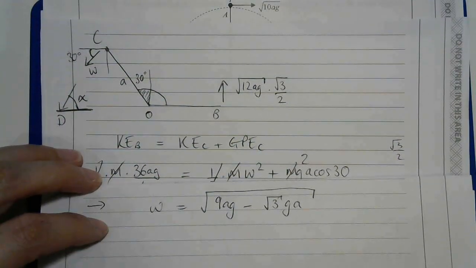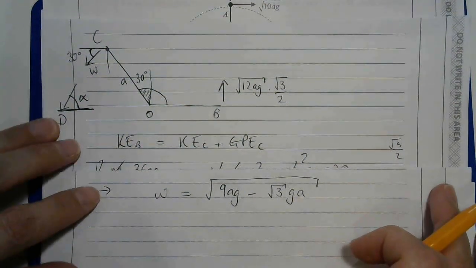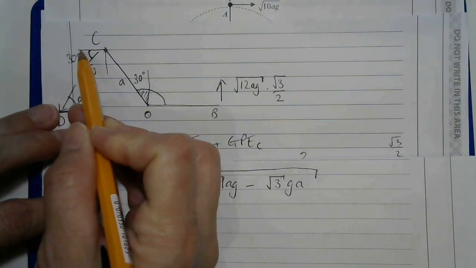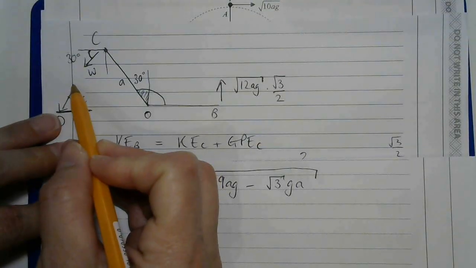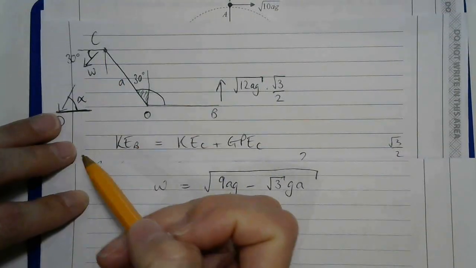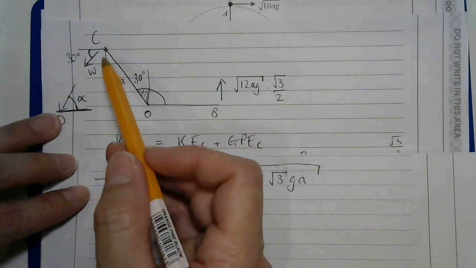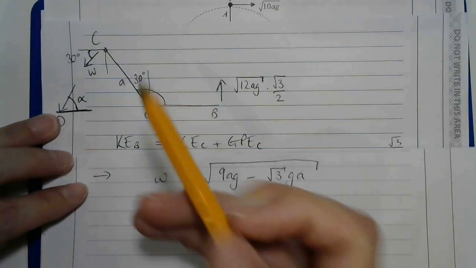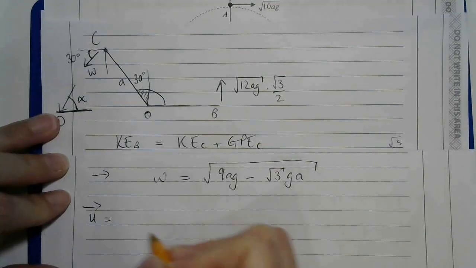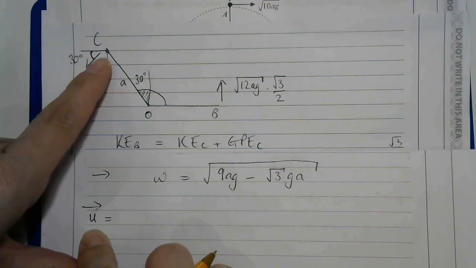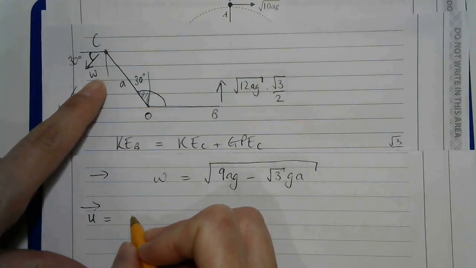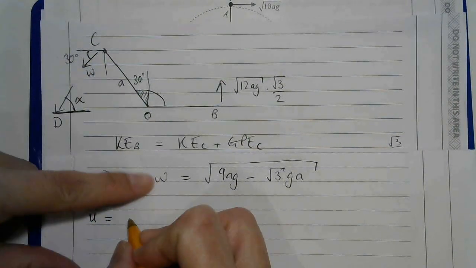So then that means that I can find out the horizontal component of the initial speed, because that will be the horizontal component of the final speed here as well, because horizontally there is no acceleration. So looking horizontally, the initial velocity here is going to be W multiplied by cos 30.